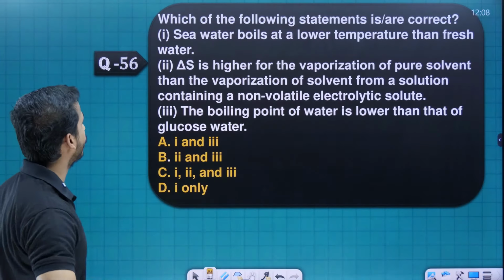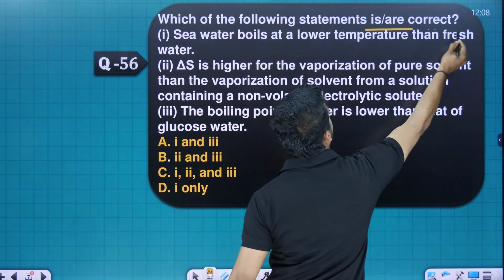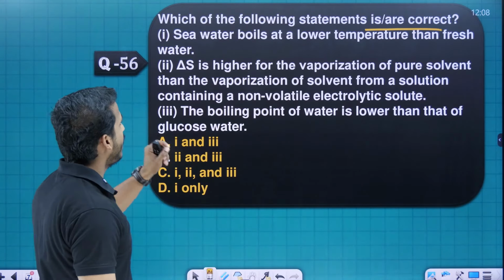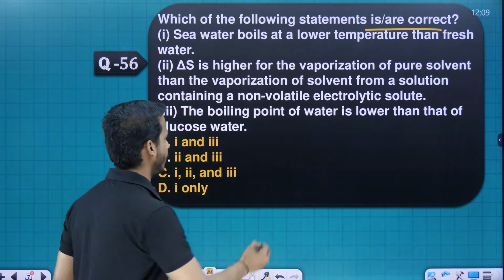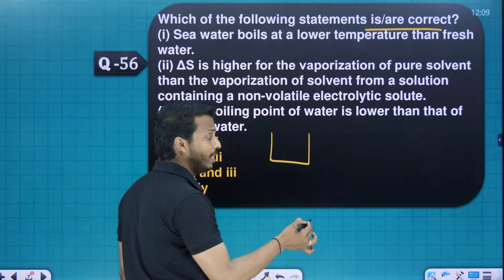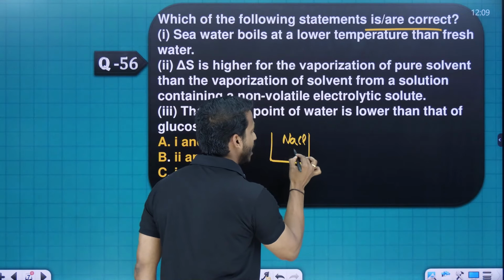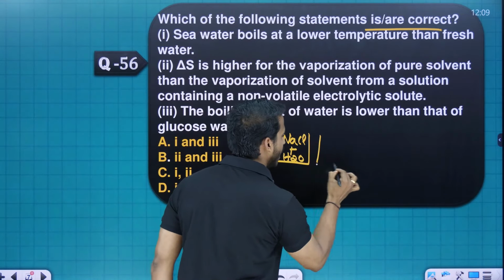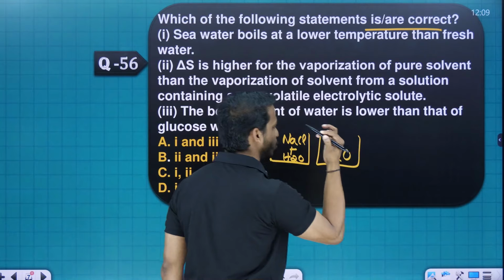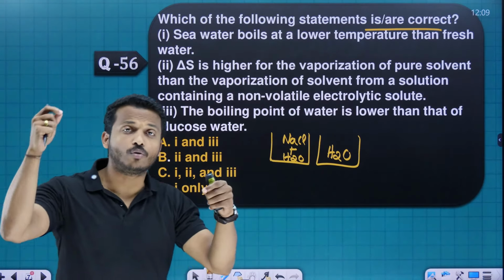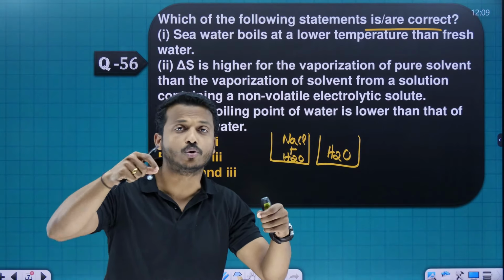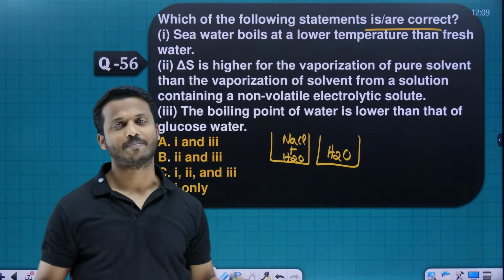Next question. Which of the following statements is or are correct? First one: sea water boils at a lower temperature than fresh water. Sea water means it contains NaCl and water, and fresh water means only H2O. If there is more solute in the solution, vapor pressure is less.